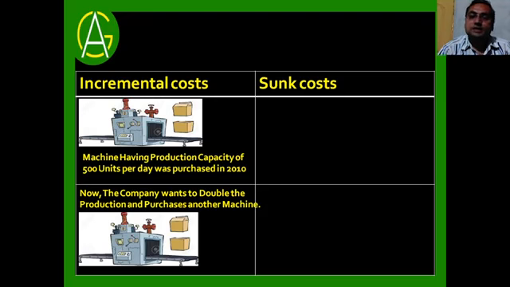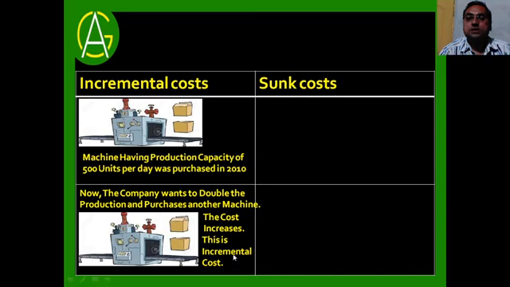So the business has taken the decision to double the production, and as a result of this decision, the company had to purchase another machine. This has increased the cost, and the cost increased due to this business decision is considered as incremental cost.